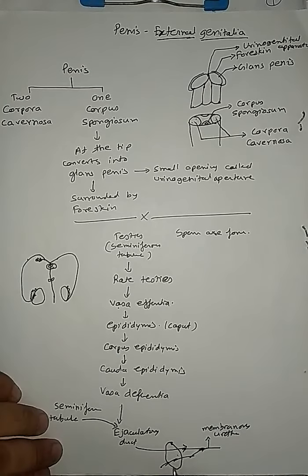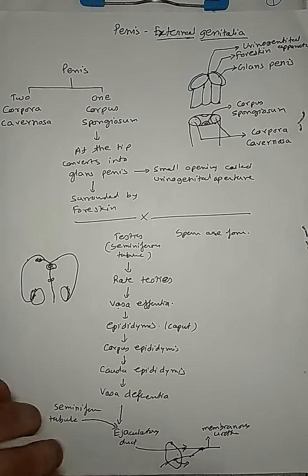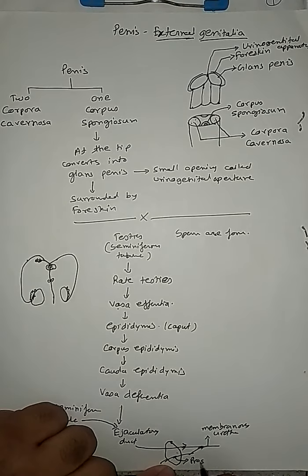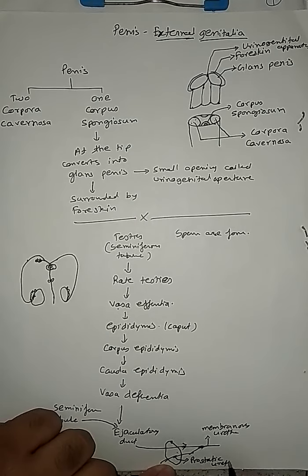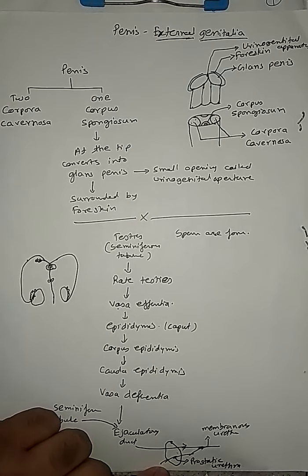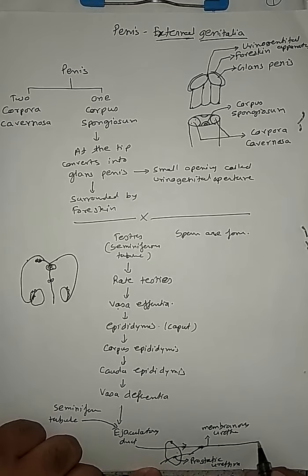The urethra at the prostate region is called the prostatic urethra. After the prostatic urethra comes the membranous urethra, and finally the penile urethra.